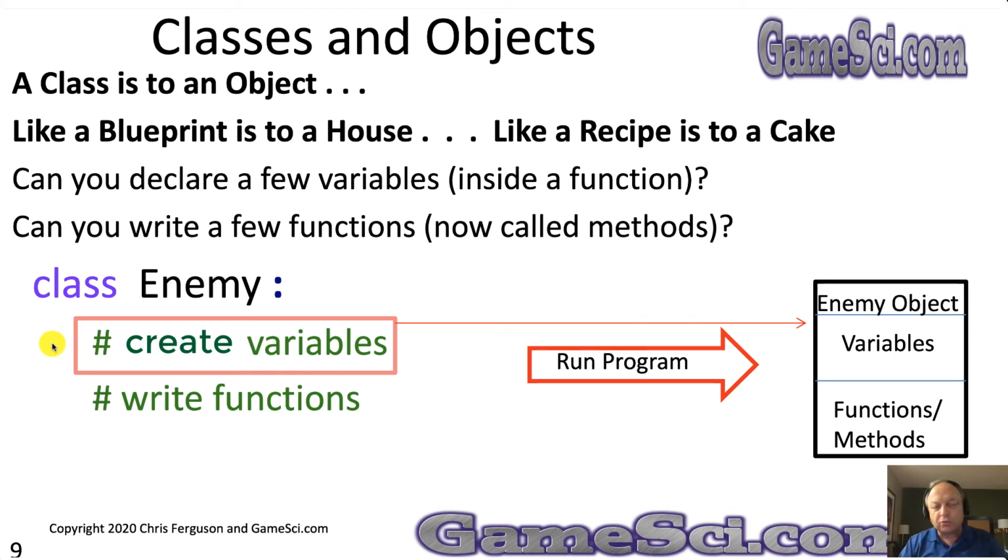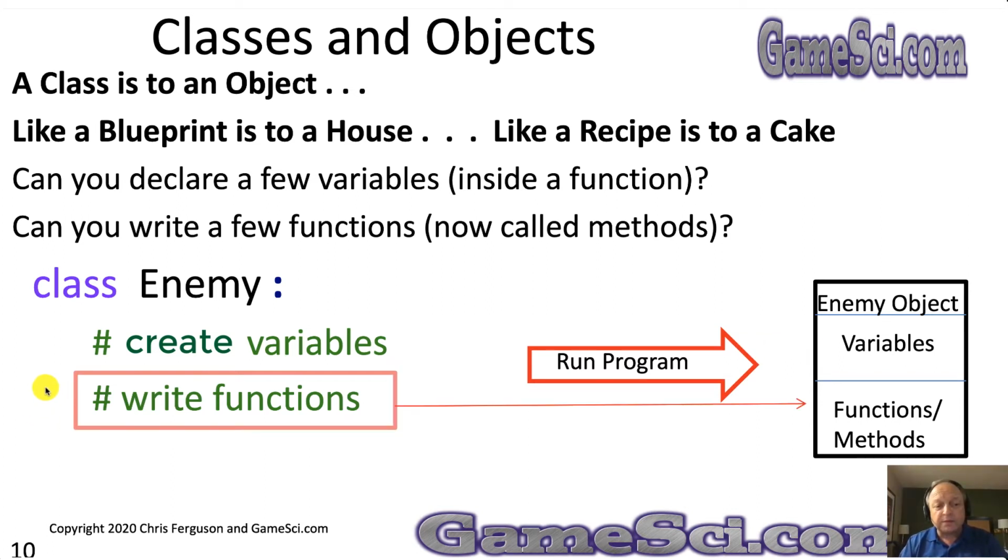Now there is a special way you do it when it's inside of a class, and we'll talk about that later. But you create some variables at the top of your class, and those variables become the variables that are part of your object. Next, you have to write some functions inside of a class. Notice how these are indented. In order to be part of the class Enemy, it has to be indented under the class Enemy.